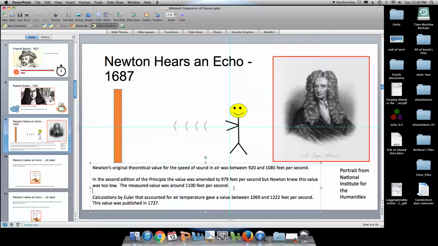Euler came along and performed similar calculations that accounted for air temperature. And now he got a value between 1,069 and 1,222 feet per second, which was much closer, of course, to the 1,100 feet per second that was actually measured by Newton.